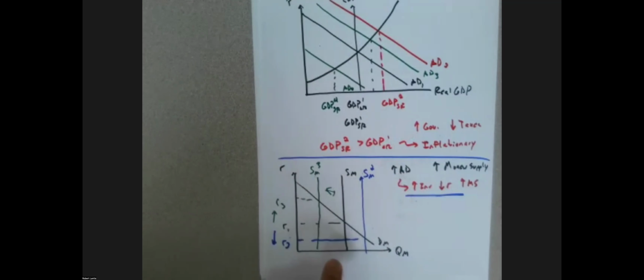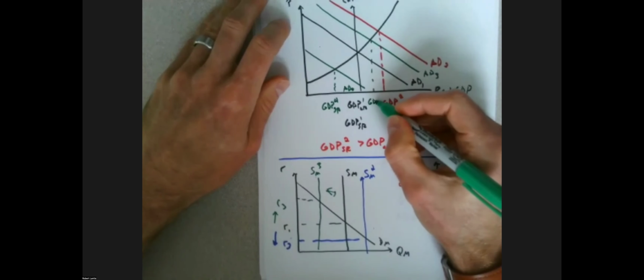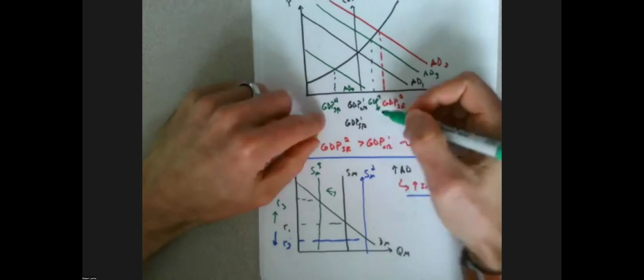So if I have these things happening at the same time, expansionary fiscal policy and contractionary monetary policy, the answer is going to be, I don't know. I don't know what's going to happen to my new short-run GDP. Could be right here, could be down here. Okay.